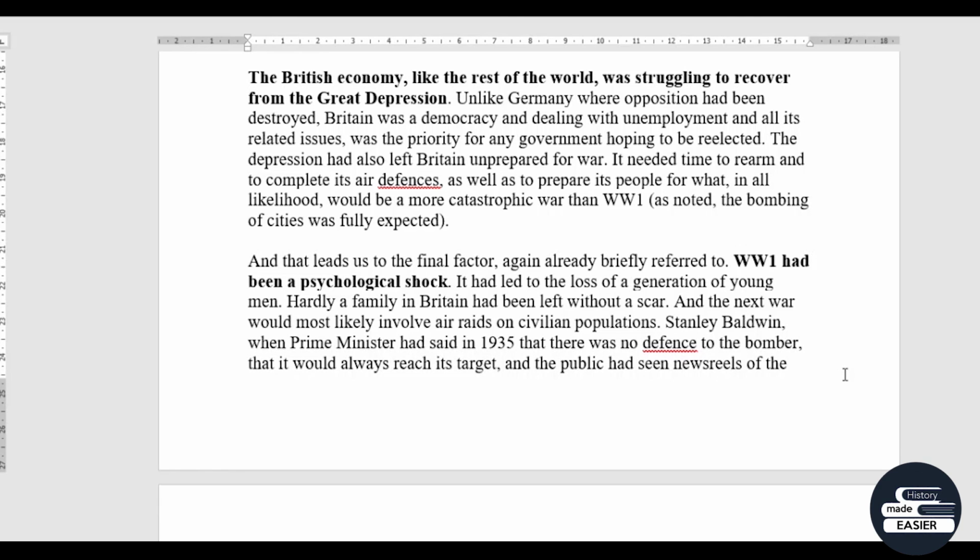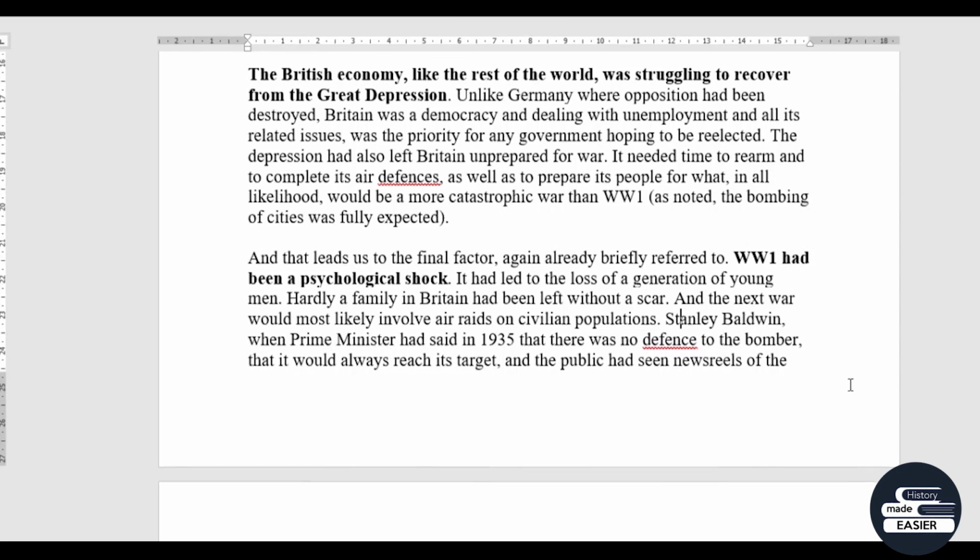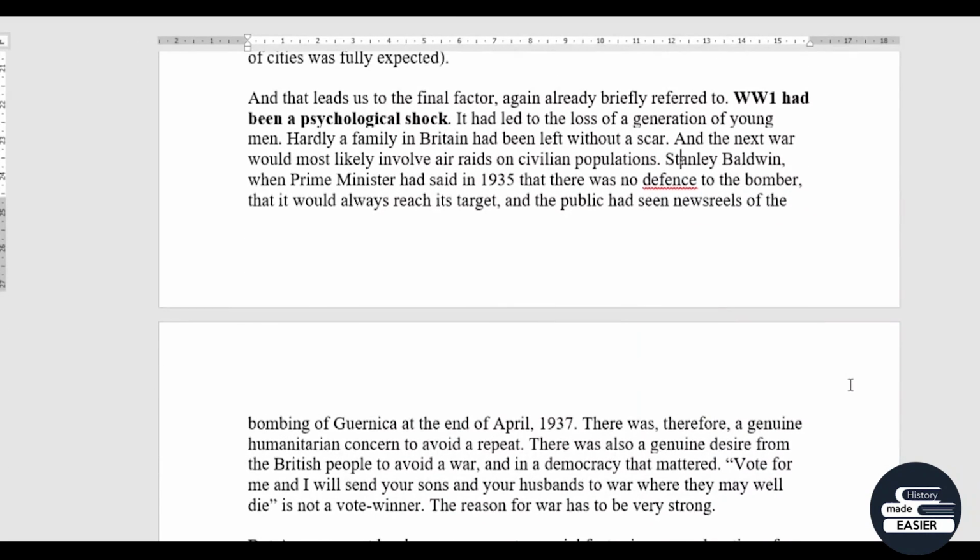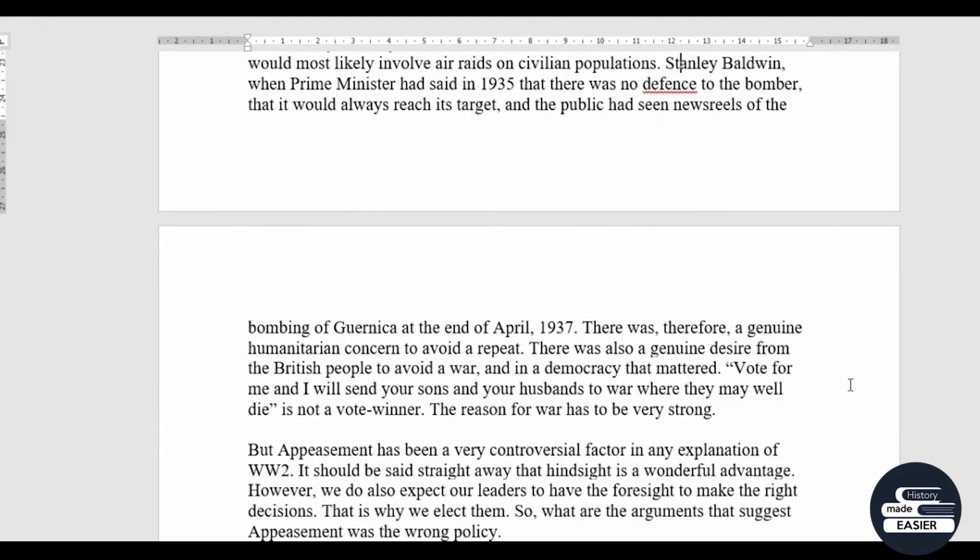Added to that was the fact that everybody now knew that another major war would likely lead to cities being bombed. And we had the example in 1937 of just what the aeroplane could do with the bombing of Guernica.